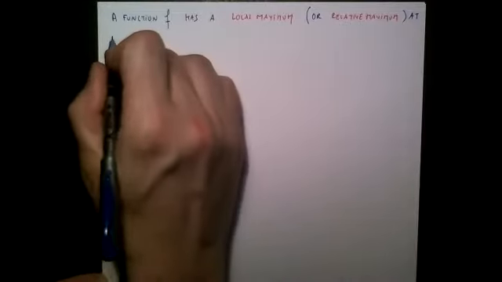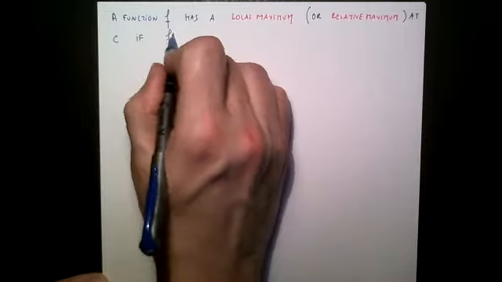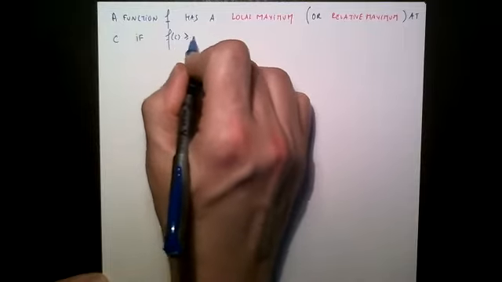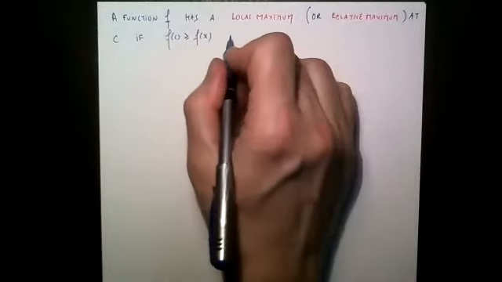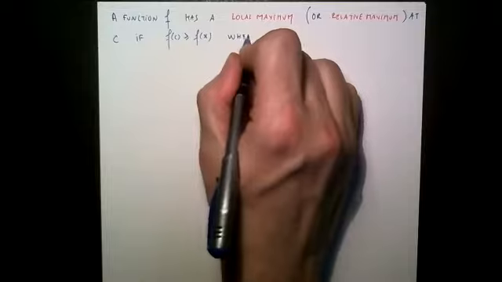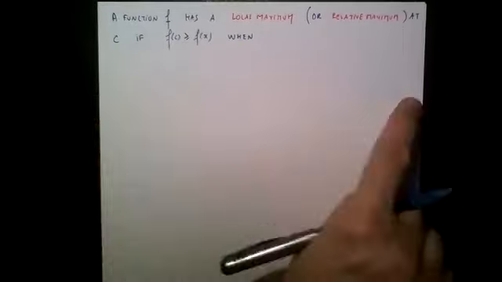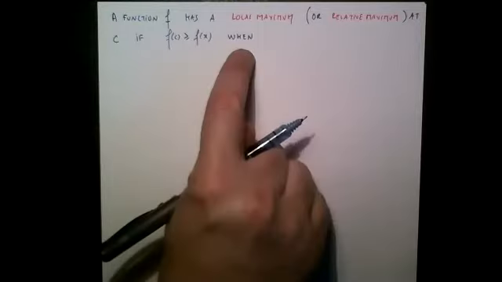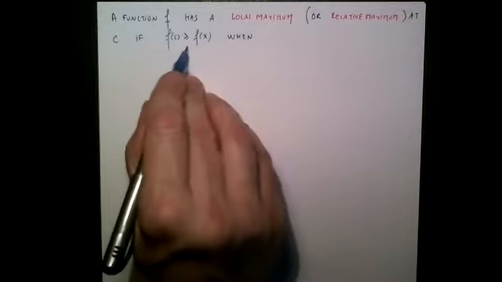At c if, so again, f of c is greater than or equal to f of x, when, okay, so before it was for all x's, every possible value of x in the domain, now not for every possible value, just when x is near c.